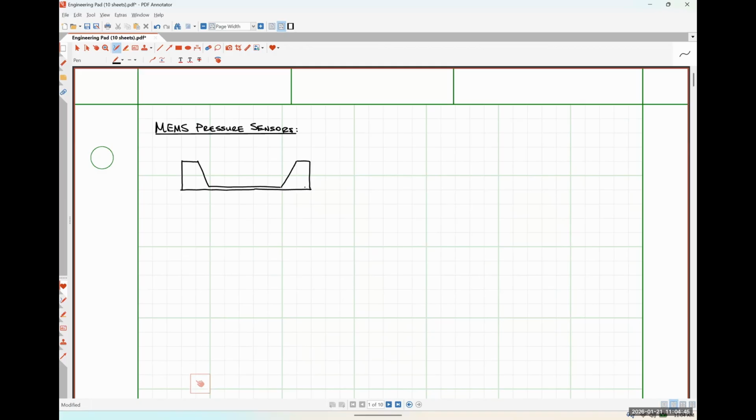where this is essentially one wafer. It's etched to leave behind a thin, usually very thin membrane. And then we might have another part of a wafer up here like so. And so this is what we would call a differential pressure sensor.